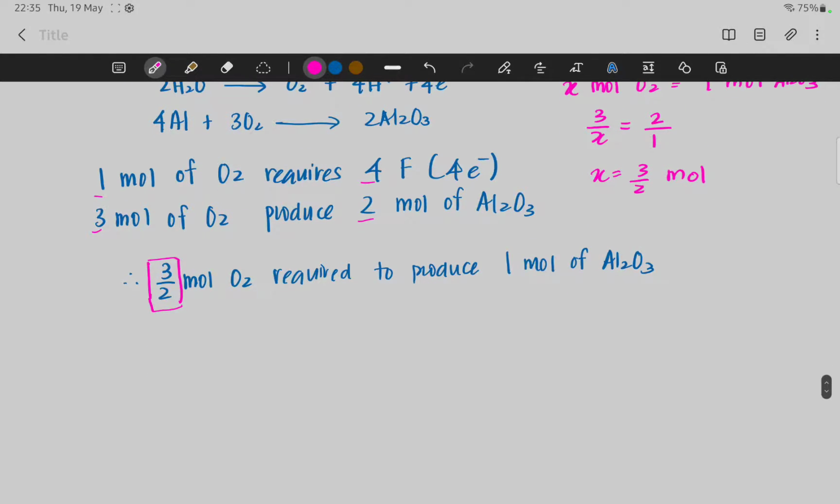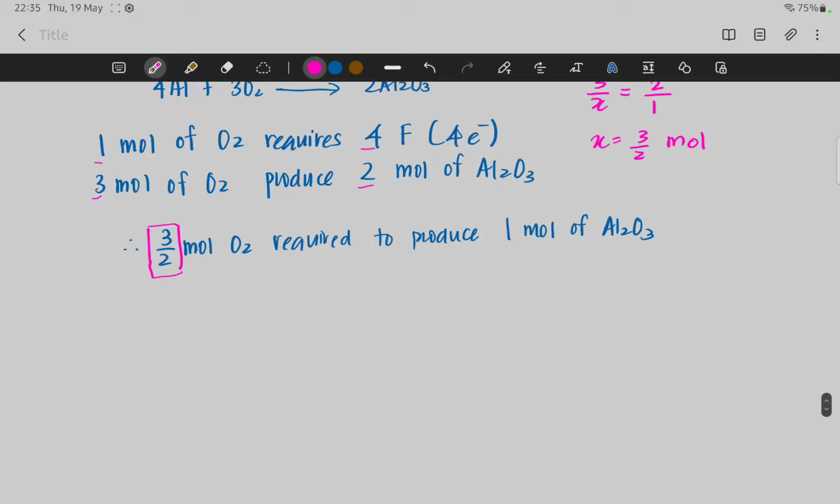Alright, so you already have your 3 over 2, and now you know that 1 mole of O2 requires 4F, which is 4 moles of electrons. So in this case you need 3 over 2 mole of O2 to produce your 1 mole of oxide.